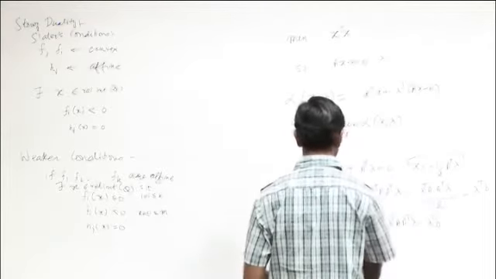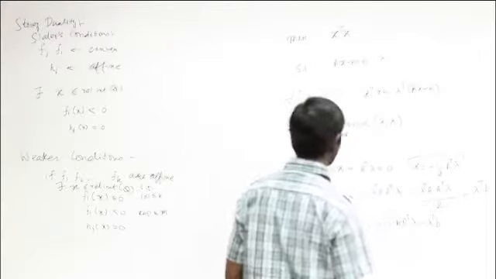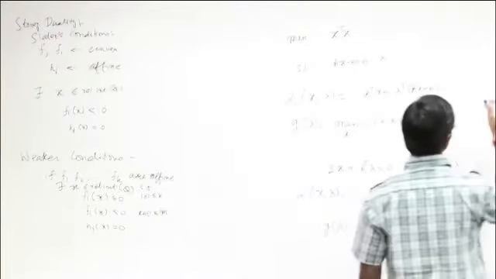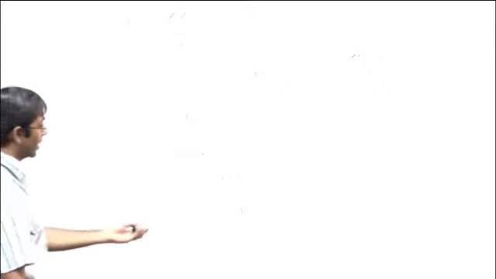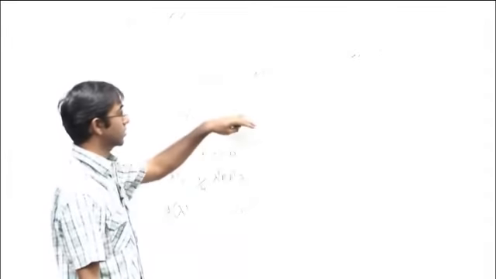This should be lambda. So my dual problem is to maximize g of lambda, and I don't have any condition on lambda here, lambdas are free, so I just have to maximize this quantity.